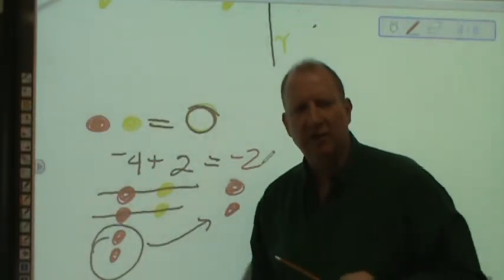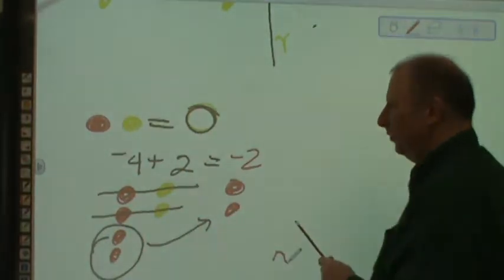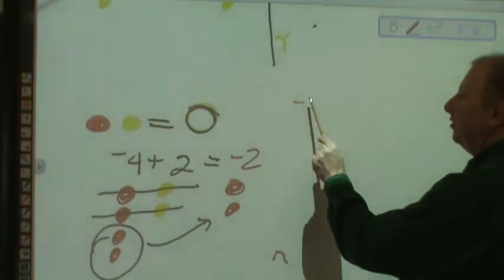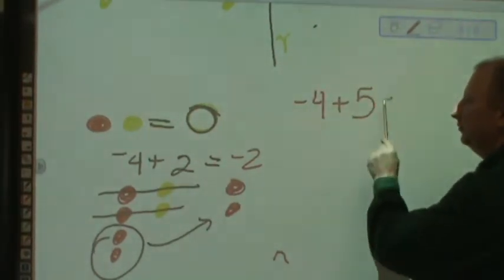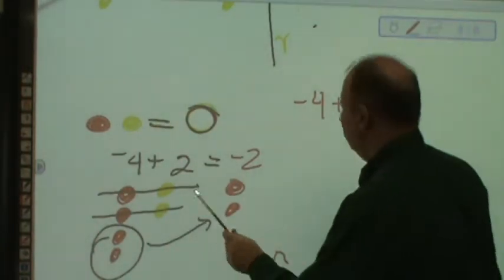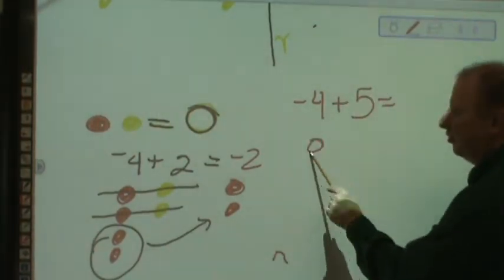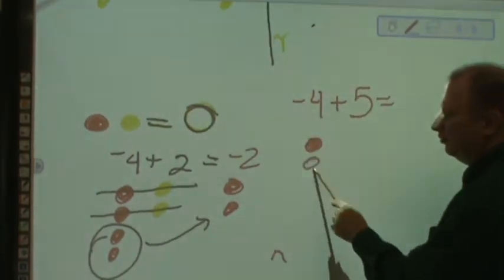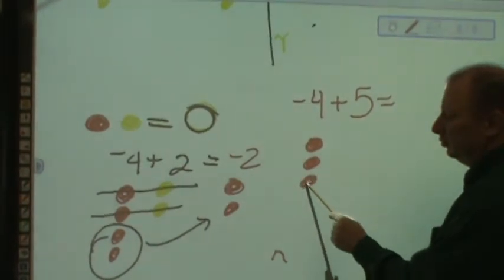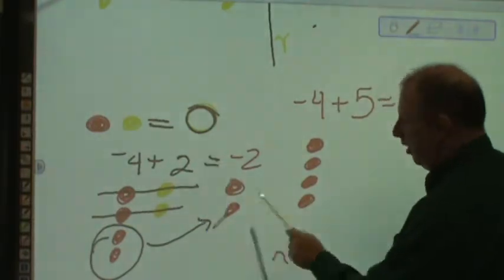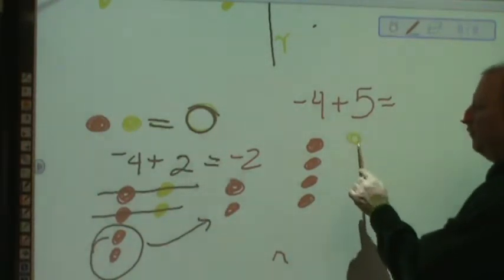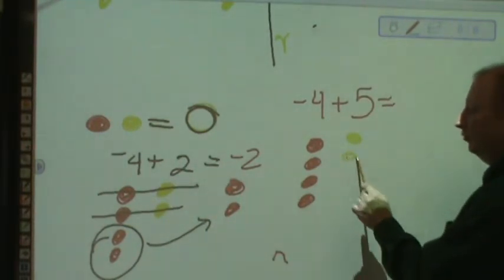Let's try it again with another example. Let's say I said negative 4 plus 5. Again, I'm going to go through the process. 4 red. And I'm going to add to it 5 yellow.